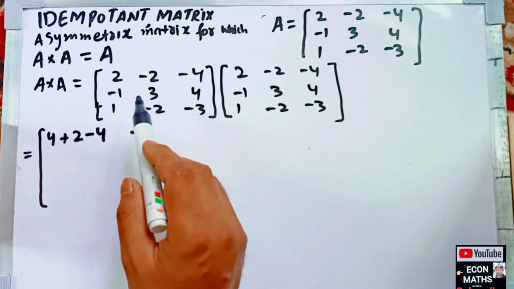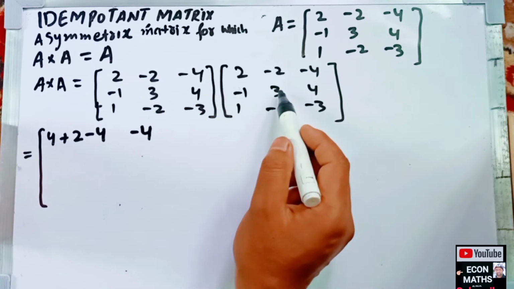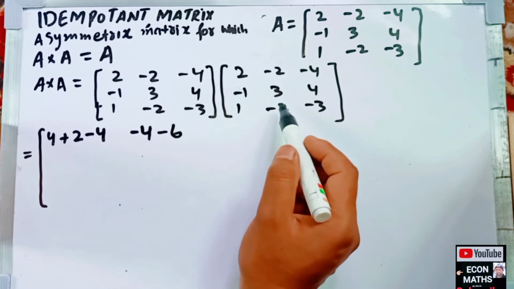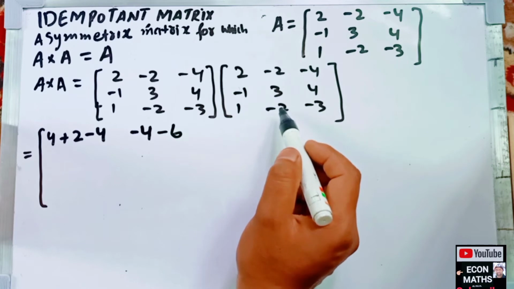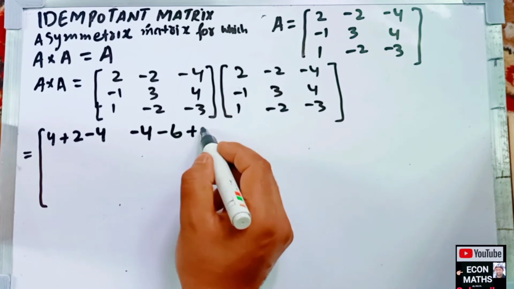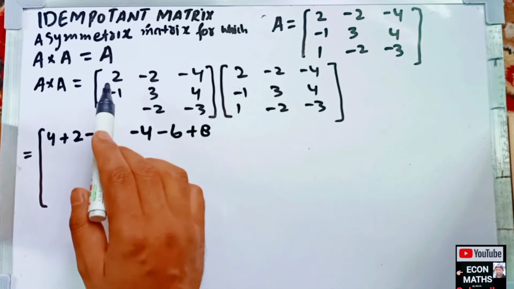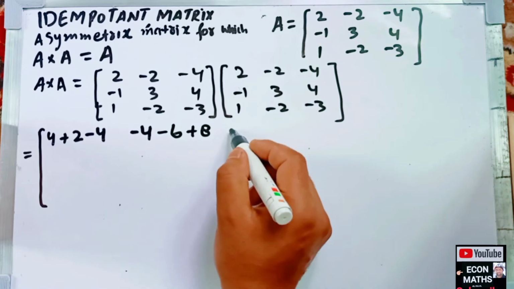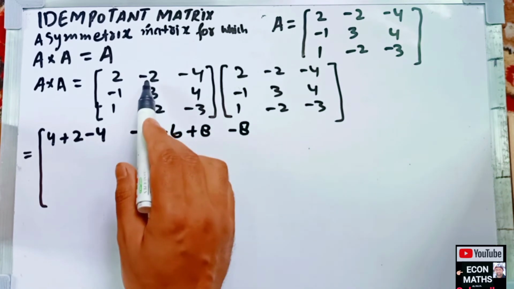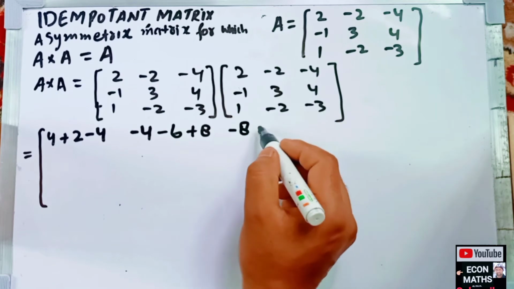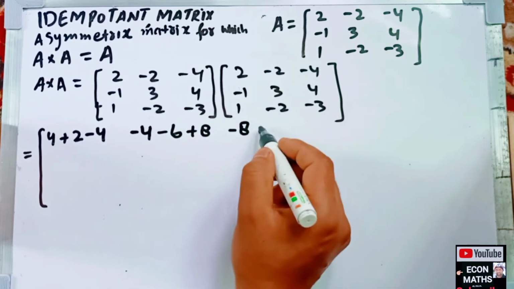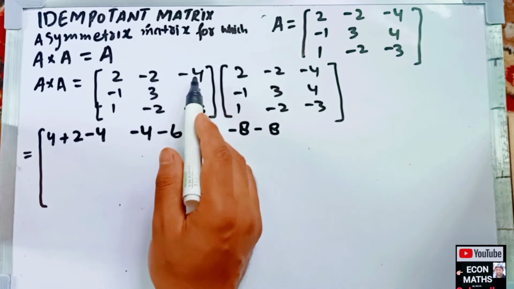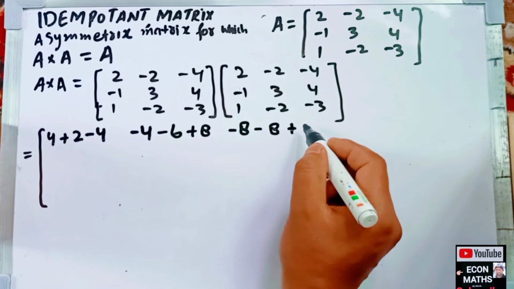Similarly minus 2 into 3, that is minus 6. Similarly minus 4 into minus 2, that is plus 8. Now similarly first row and third column, that is 2 into minus 4, that is minus 8. Now minus 2 into 4, that is minus 8, and minus 4 into minus 3, that is plus 12.